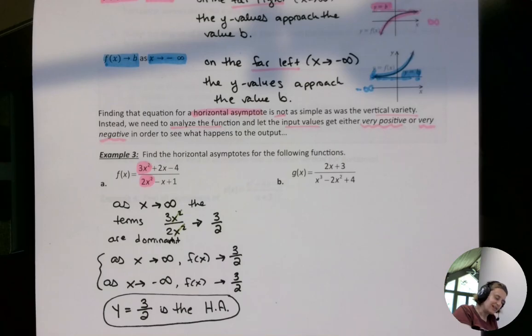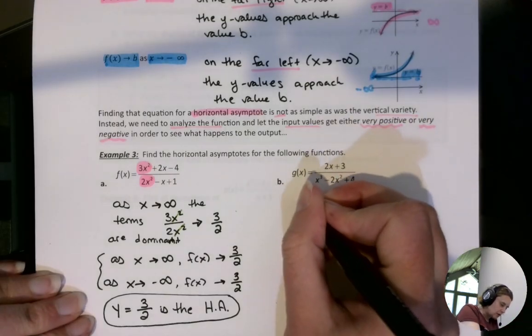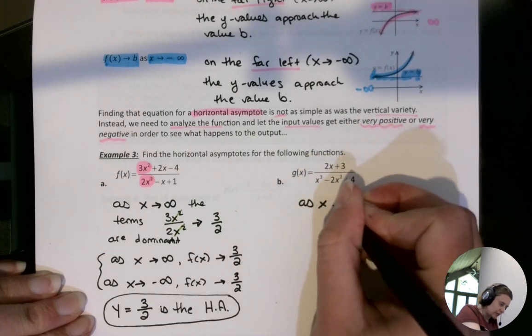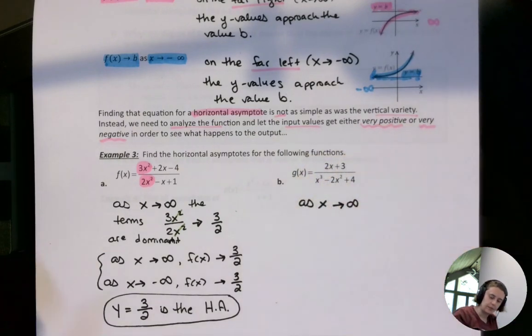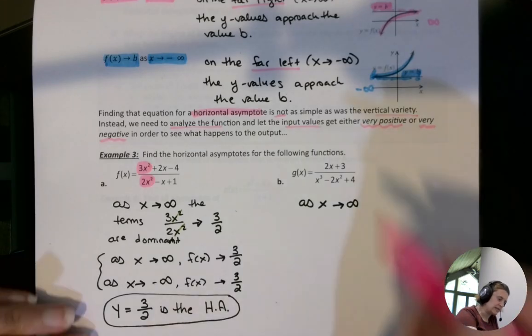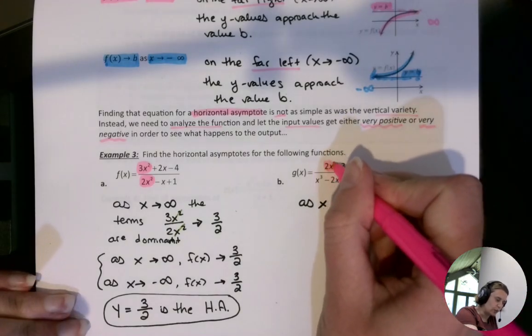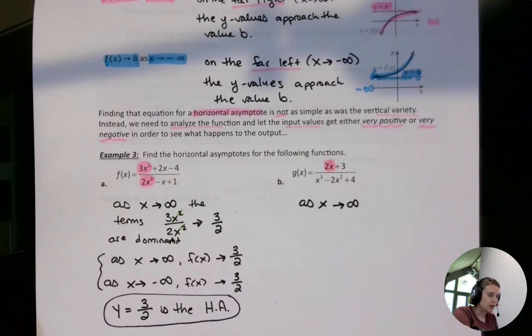All right, so let's take a look at what happens in part B. As x approaches infinity, the term that dominates in the numerator is going to be 2x. If you put in really big numbers for x, 2 times 1,000 plus 3, the 3 hardly matters, right? It's small in comparison to the 2,000 from the first part.